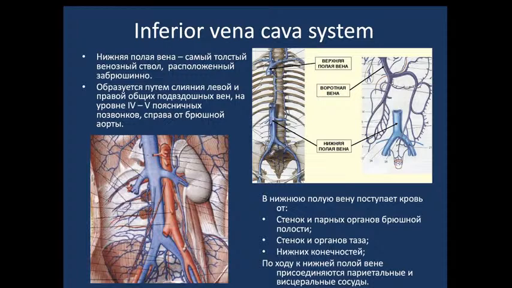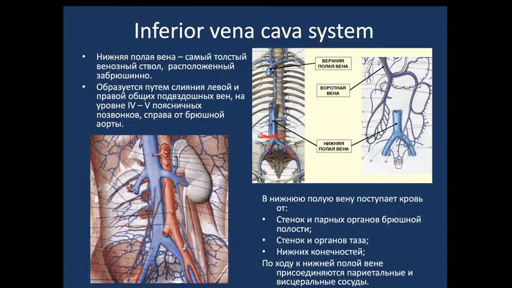It is the thickest; the diameter of inferior vena cava is the biggest, usually up to 30 millimeters in diameter. It is formed from right and left common iliac veins, at a level between the 4th and 5th lumbar vertebra.